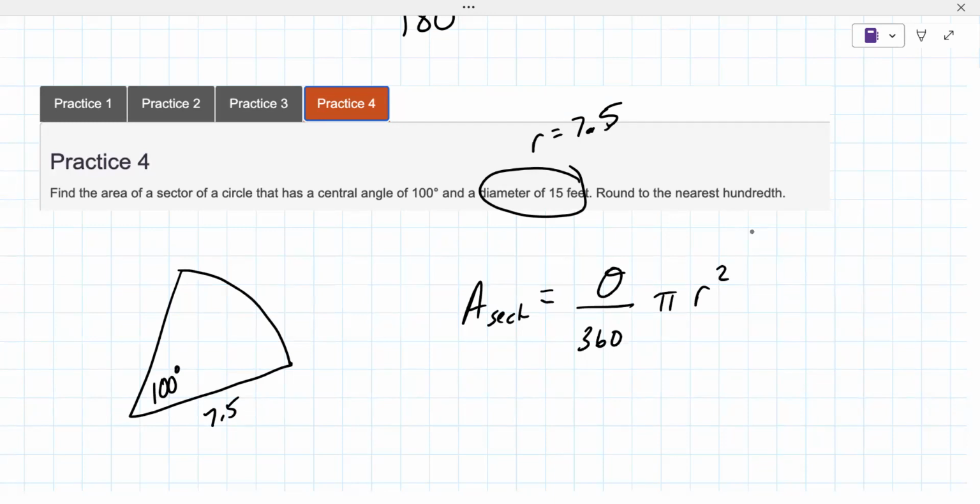So that would be 100 divided by 360 times pi, aka 3.14, times 7.5 squared. So that'd be 49.09. It's rounded to the nearest hundredth.